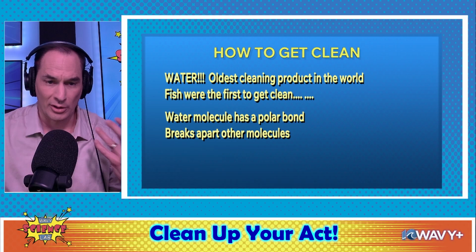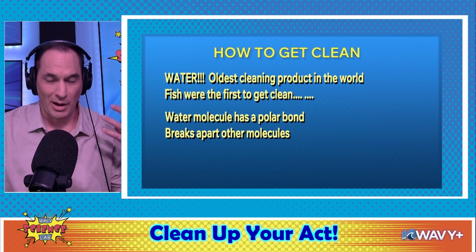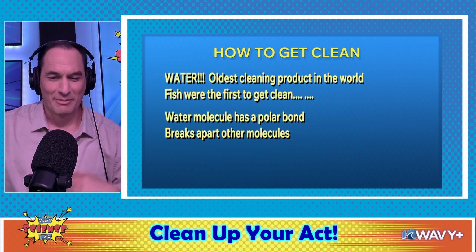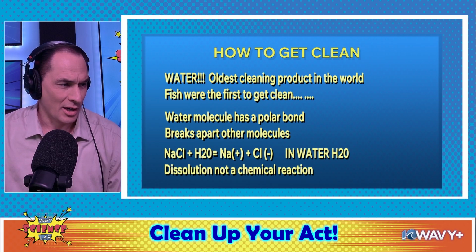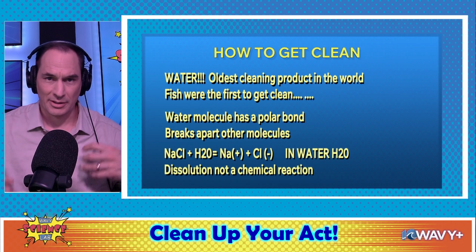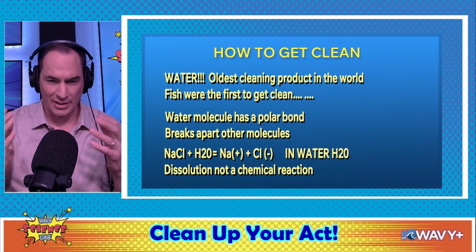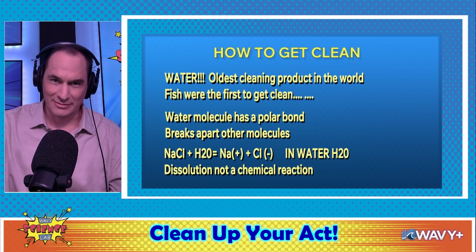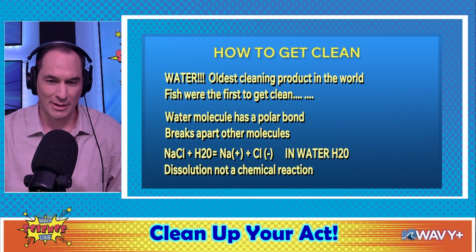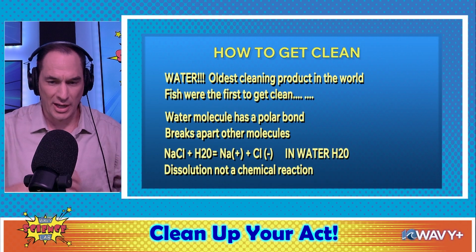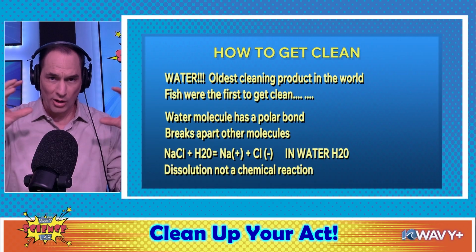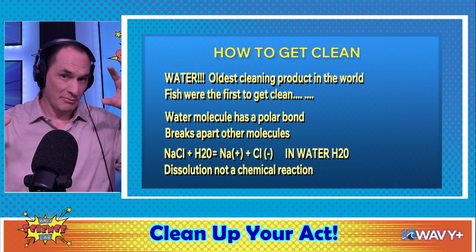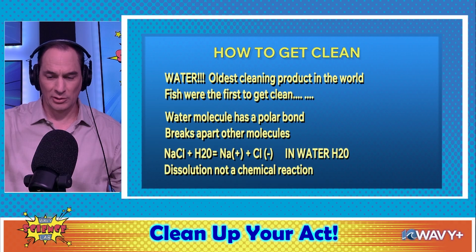Water has a molecule with a polar bond that breaks apart other molecules the way that it's set up. So we've got sodium chloride, table salt. Very common. I think even younger kids are familiar with that for chemistry, and the H2O water. When you add the two together, the water molecule will split up the sodium, Na, and the chlorine.